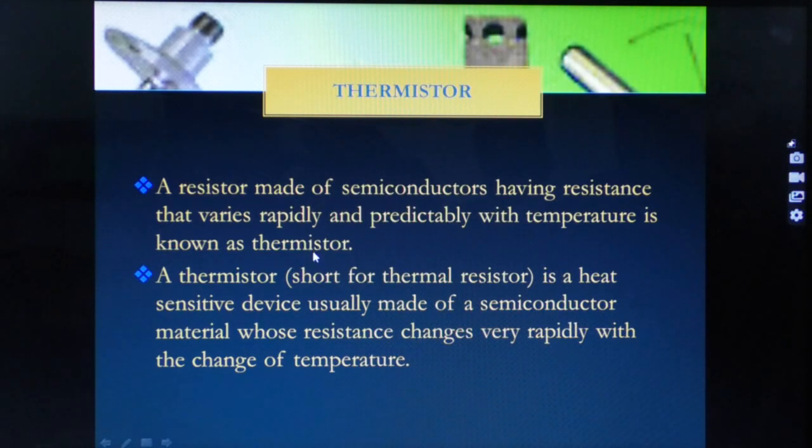So basically thermistors are semiconductors because their resistance changes with change in the temperature. A thermistor, short for thermal resistor, is a heat sensitive device usually made of a semiconductor material whose resistance changes rapidly with a change in temperature.